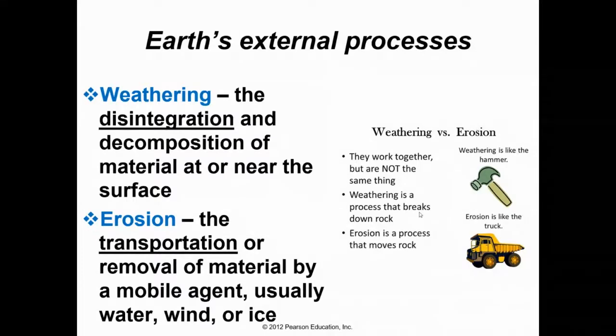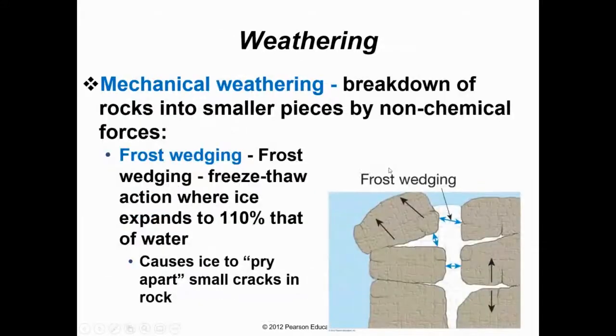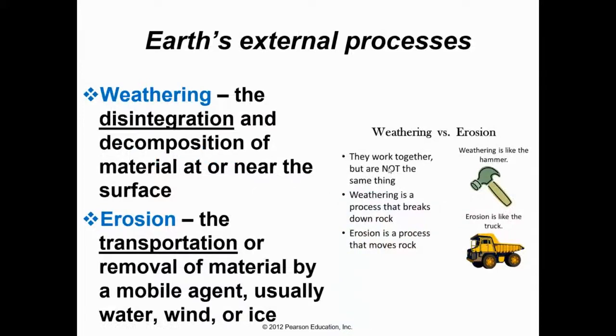And if you might recall, in chapter 1, I showed this exact slide because it was such an important process that you needed to have a basic understanding of what it was before we got to this chapter. Okay, but I'm just going to go ahead and go through it again. So weathering is the disintegration or breakdown of rock at Earth's surface. Erosion is the transportation of that broken down material.